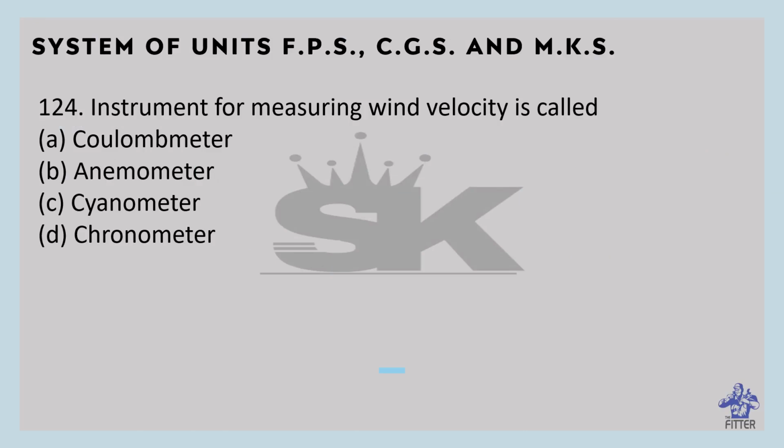Instrument for measuring wind velocity is called anemometer. Coulometer is a tool for measuring the electrostatic charge of a material.